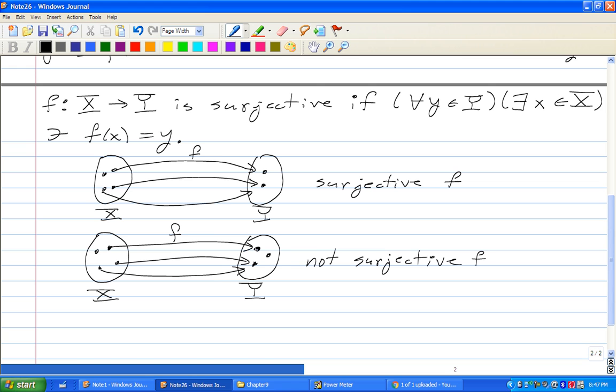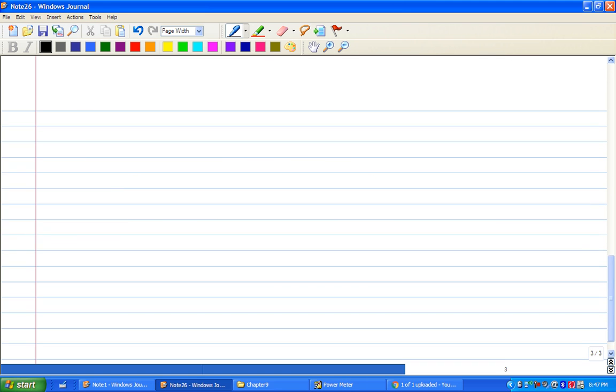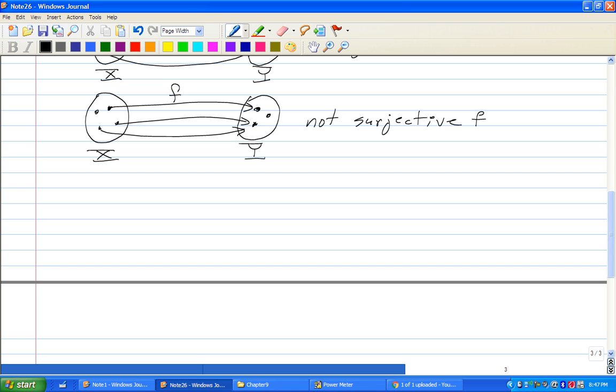Besides having surjective functions, we also have injective functions.